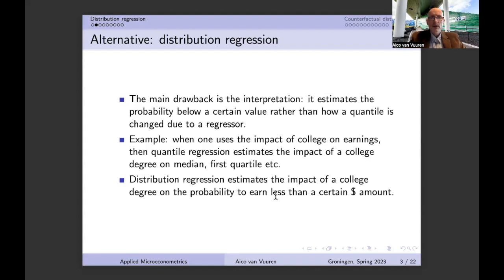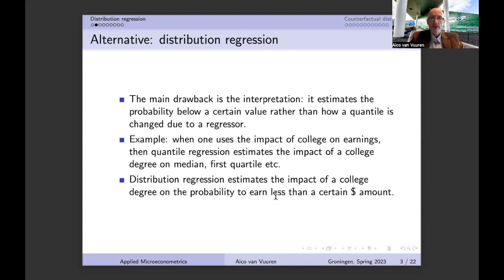However, when we look at distribution regression, we're going to have another interpretation. Then what we're going to do is look at the probability that somebody earns less than a particular amount. Suppose that we look at $30. So we ask ourselves the question, what is the probability that somebody earns less than $30?